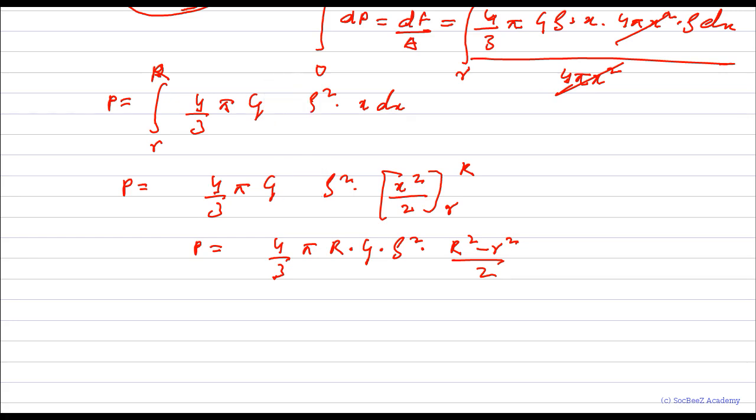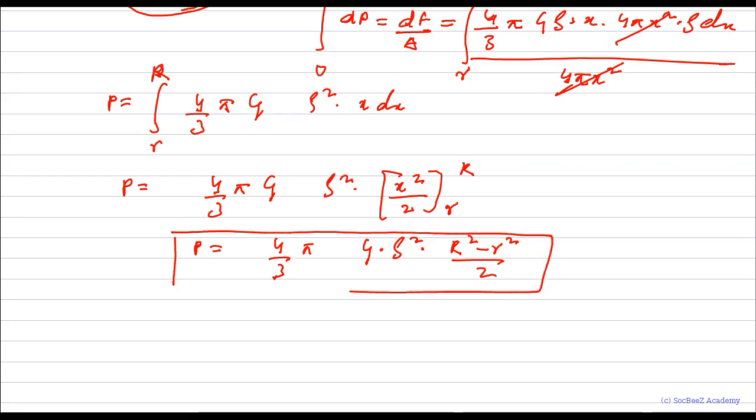I didn't have any r in the expression of dp, so I'm not going to have any r there, so I just need to eliminate it. Fine. So this is going to be the pressure which is going to exist at a point which is at a distance of small r from the center of the sphere.